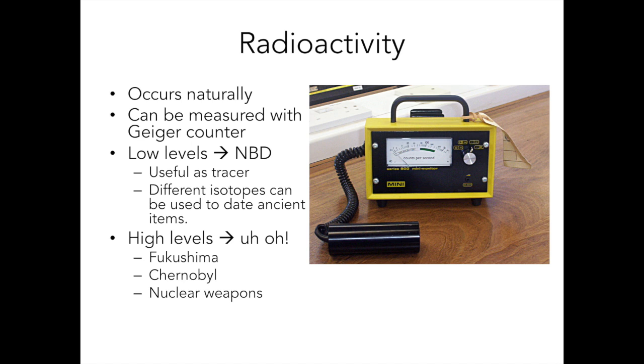In high levels of radiation, that's not so good. Examples are the Fukushima power plant in Japan. In my generation, we had the Chernobyl power plant in Russia. Chernobyl is still very strongly radioactive. People can't live near that power plant.